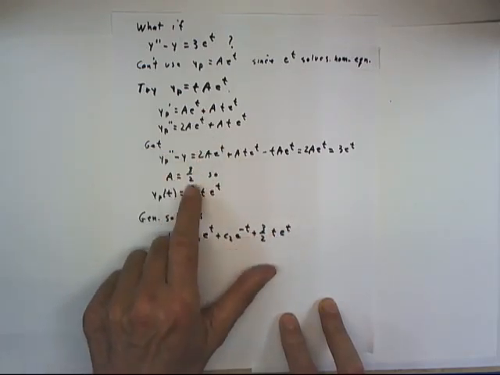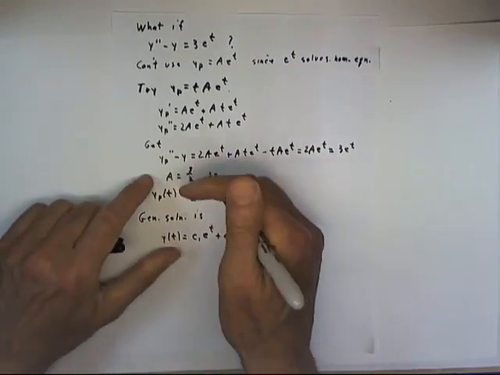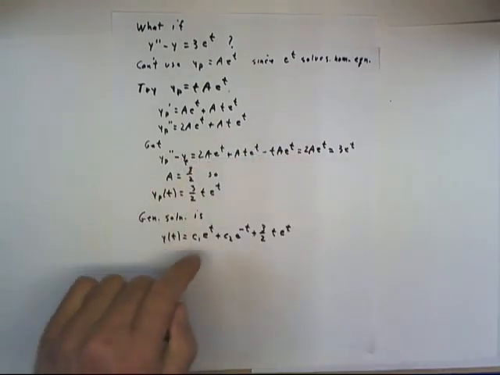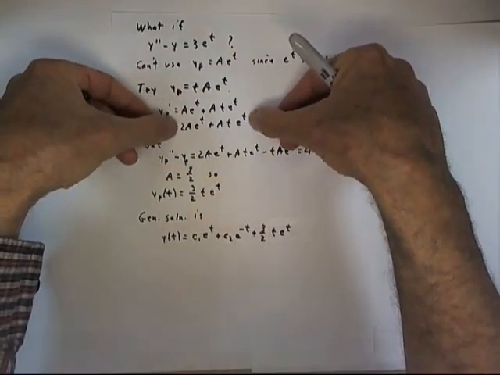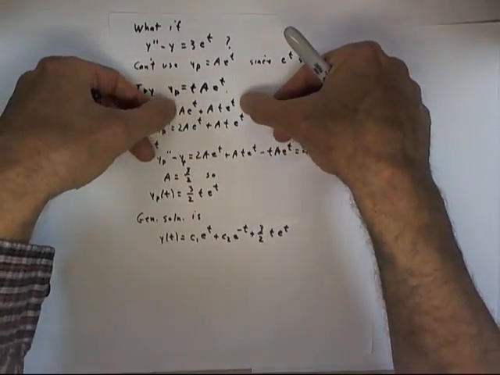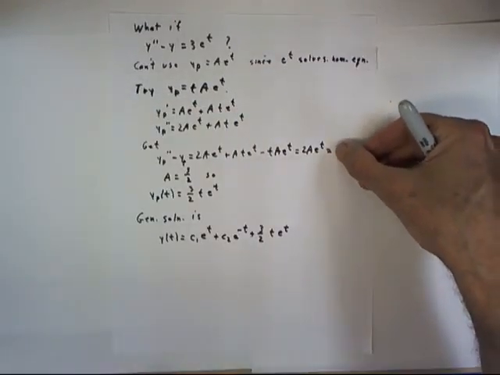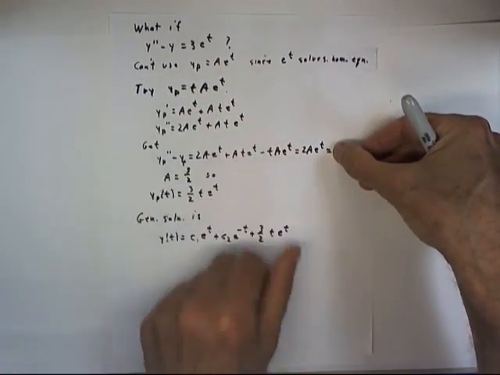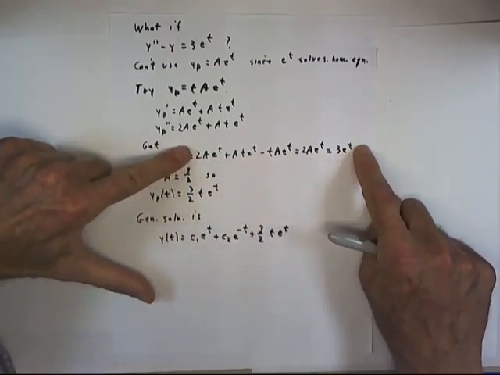And our equation then becomes yp double prime minus yp equals, well, this expression for our yp double prime, and this expression for our yp prime. Okay?